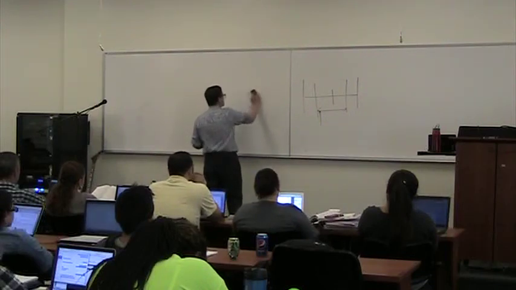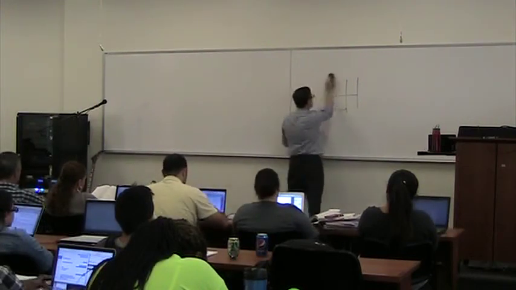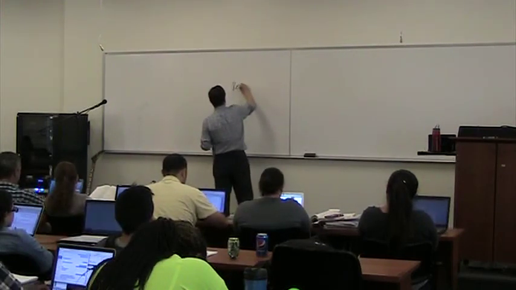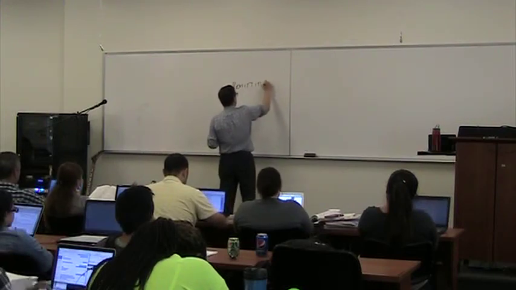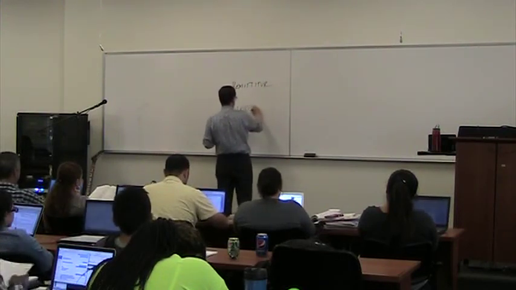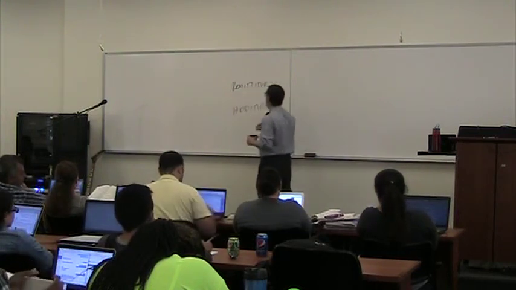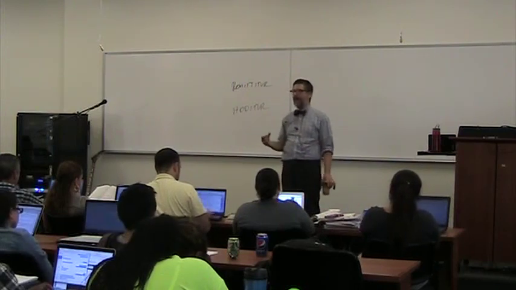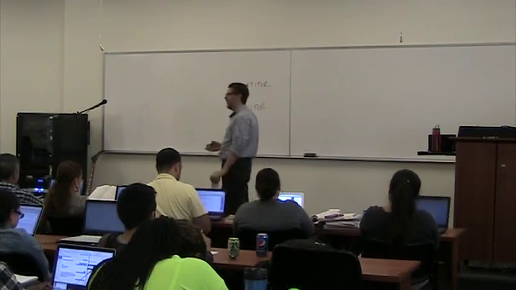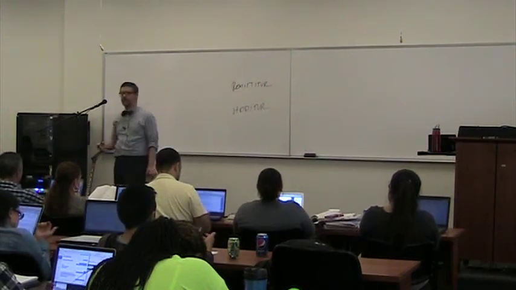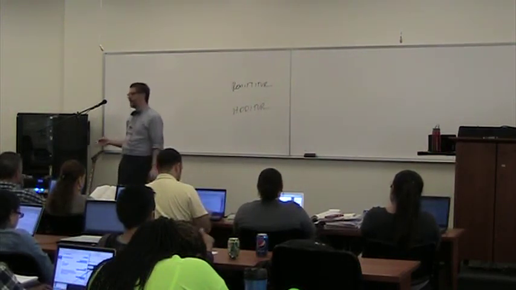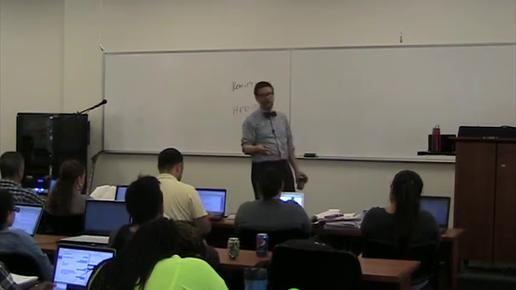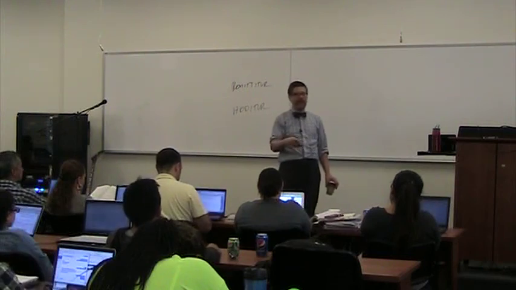Last thing on new trials is the difference between additur and remittitur. Remittitur is when the jury's come back and given a really high verdict, and the court feels that it's too high. For example, P versus D for a minor injury, and the jury awards $1 million to the plaintiff. The defendant moves for a new trial on the basis of shockingly high damages.